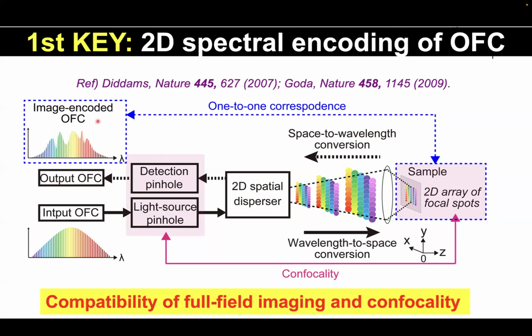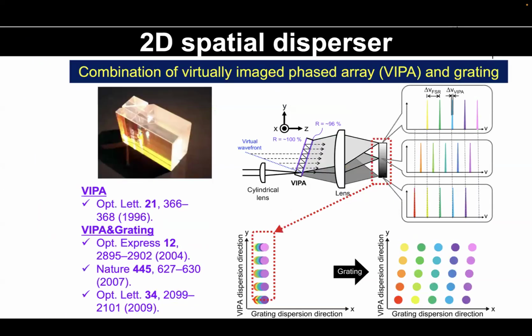This image-encoded OFC establishes a one-to-one correspondence between the OFC mode and the image pixel. Furthermore, a combination of the 2D spectral encoding with confocal optics achieves the compatibility of full-field imaging and confocality.